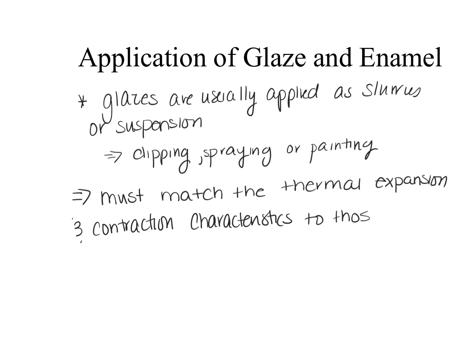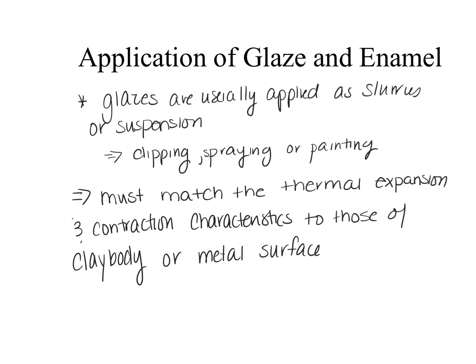So to those of the clay body or that metal surface. So remember, if it's a metal surface, that's an enamel, right? And if it's applied to a clay body, then that's called the glaze.